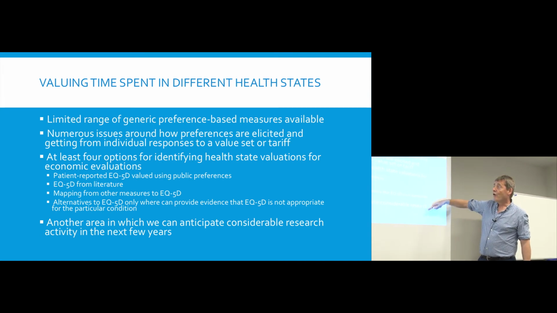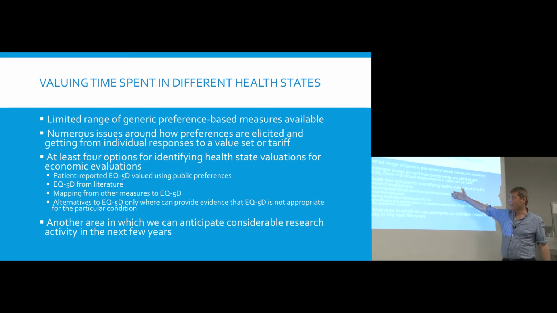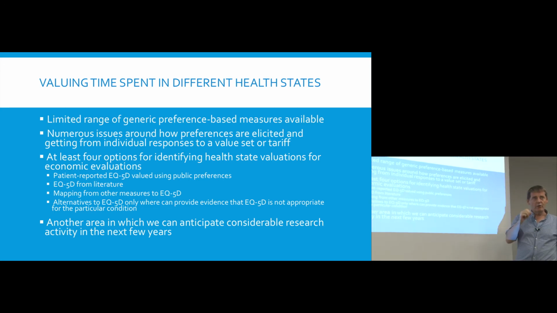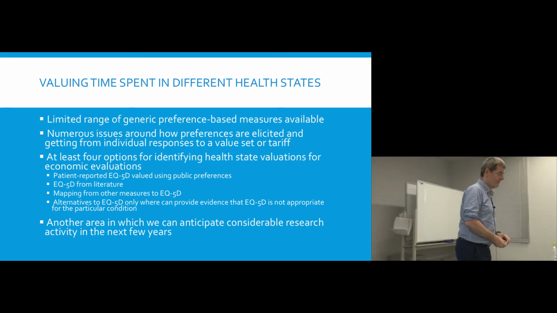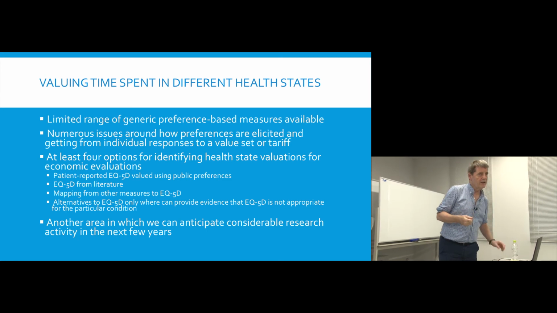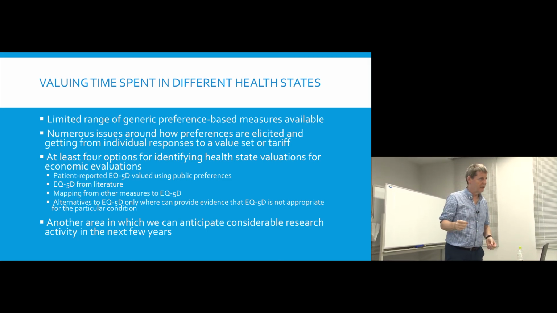There are at least four options when you want health state valuations for economic evaluations. One, and this often is the preferred option, is patient-reported data, but valued using public preferences. So patient-reported, that's the patient saying how they are. It's the patient completing, say, an EQ5D questionnaire.